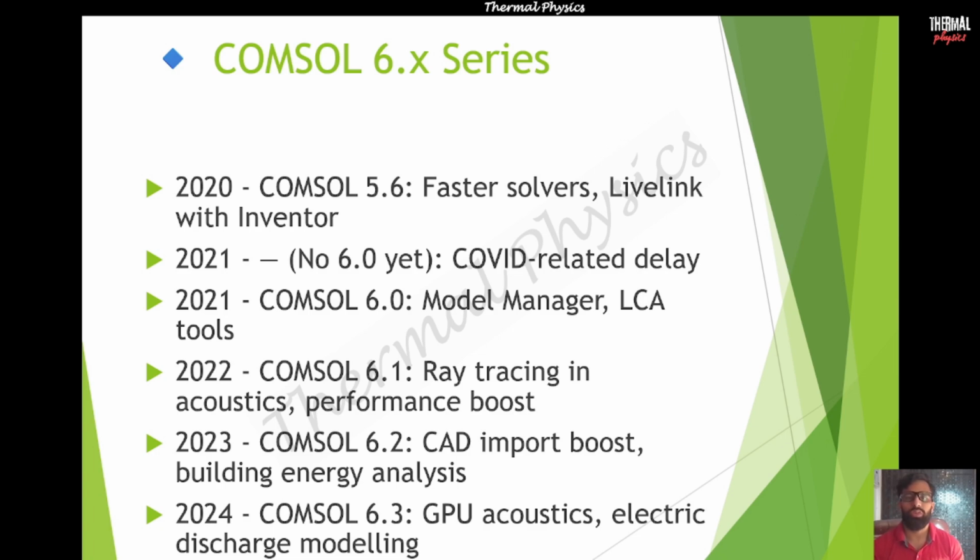Following this trend, we can predict that the new version, COMSOL 6.4, will be released this year in the month of November, which, if I can guess, will be around 20th November, more or less. In this recent version, COMSOL 6.3, GPU acoustics were included, electric discharge modeling, and different things were improved and included.